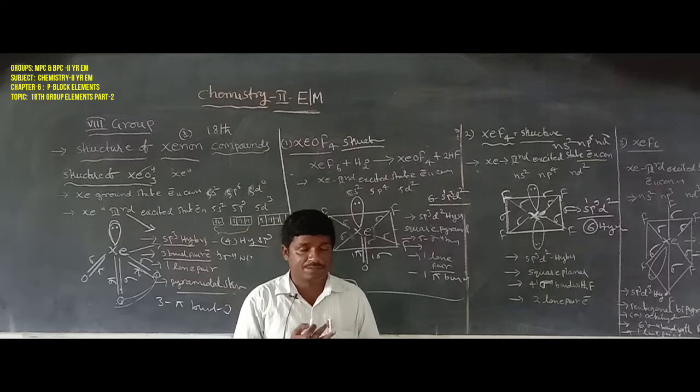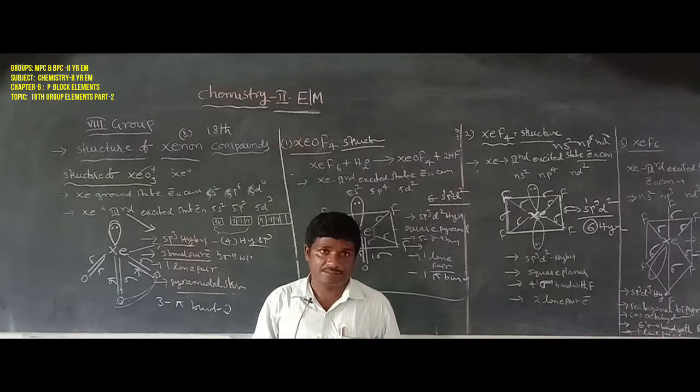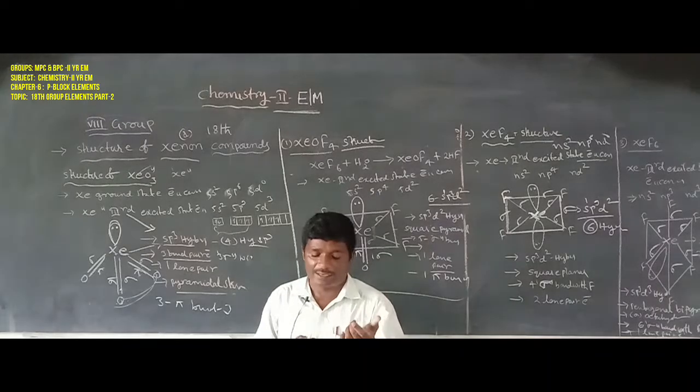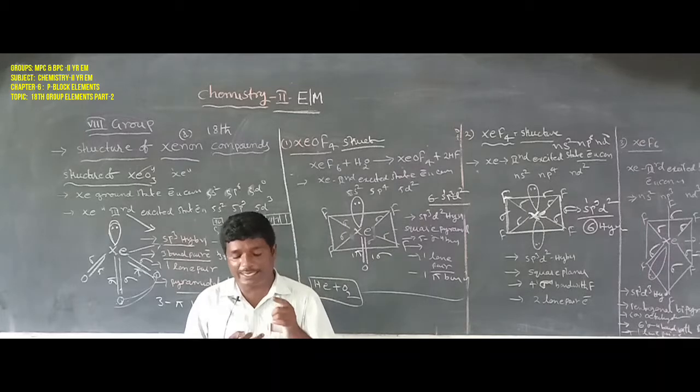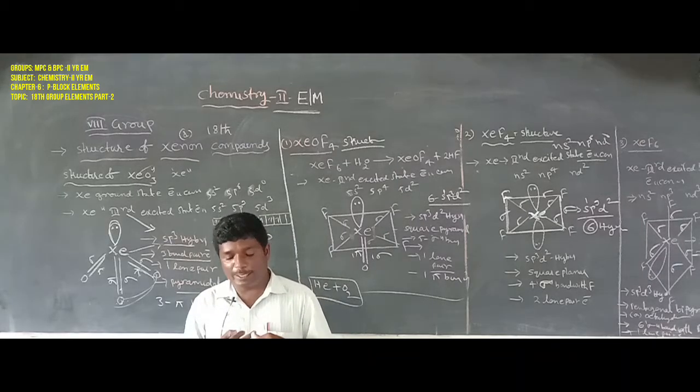Next, krypton-85 is used to determine the thickness of metal sheets and plastic sheets.